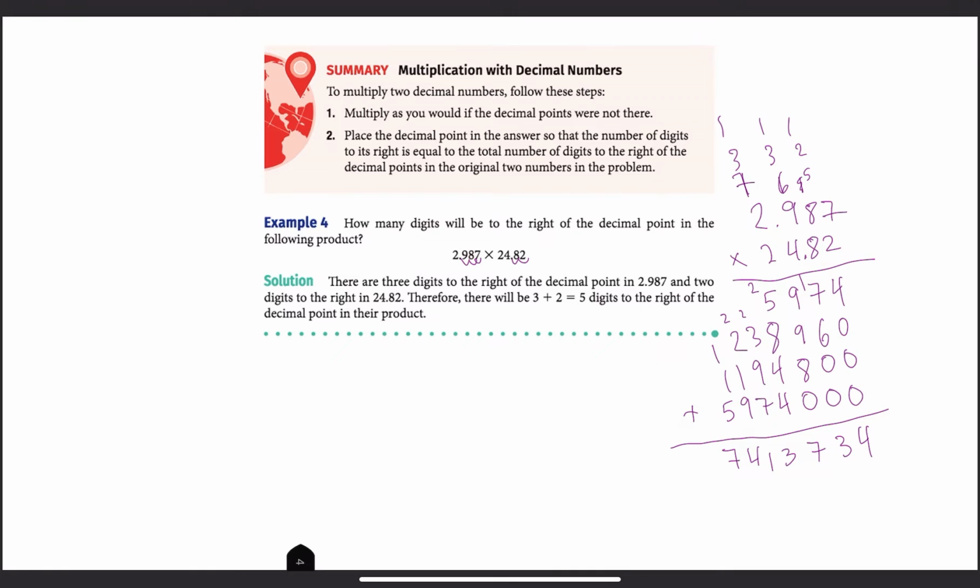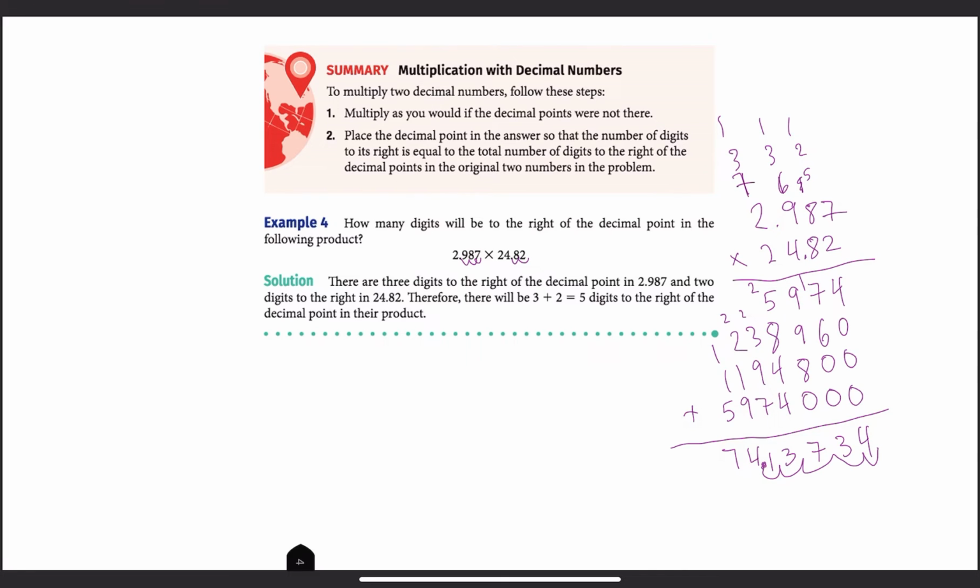And then once I add up all my subproducts, I can move my decimal point 1, 2, 3, 4, 5 places.